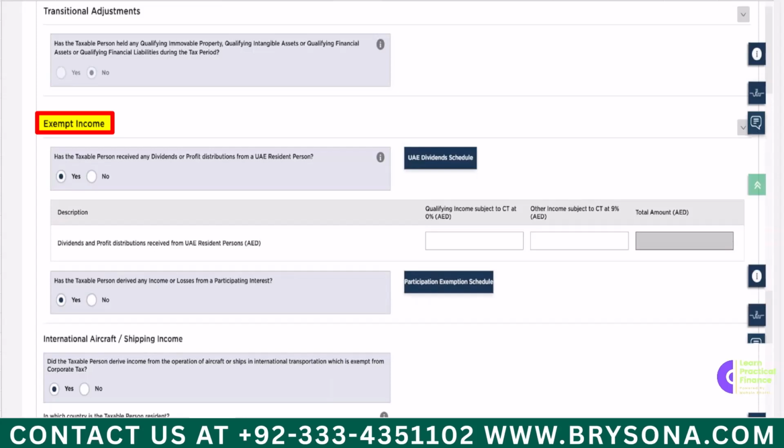What is the purpose of this section? The purpose is to separate and identify income items that are exempt and to ensure only non exempt income is taxed at the corporate tax rate. The question is, has the taxable person received any dividends or profit distribution from a UAE resident person?